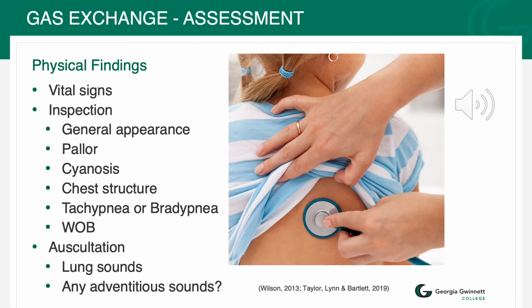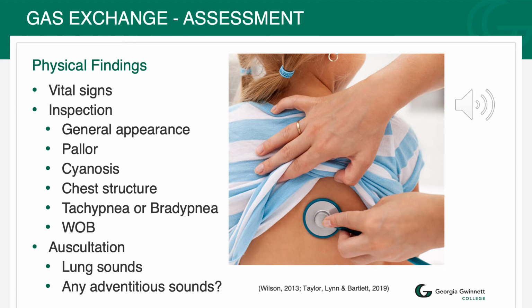You're going to look at their general appearance and note, are they having a hard time breathing? Are they using those accessory muscles? Or can you see the spaces between their rib cage kind of going in and out? We call that retractions. Can you see nasal flaring?